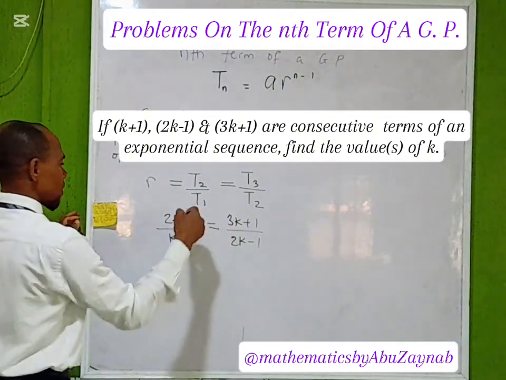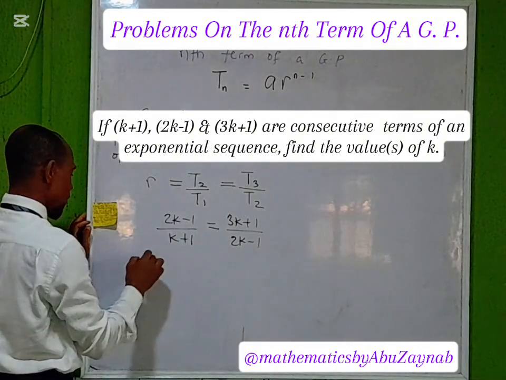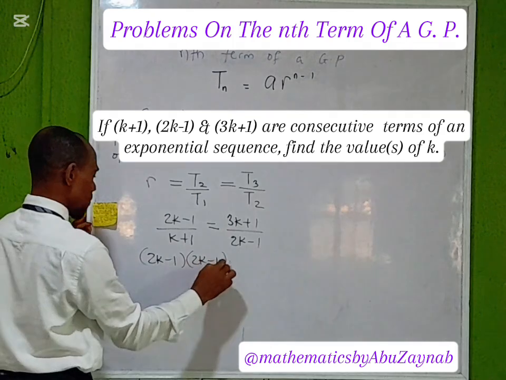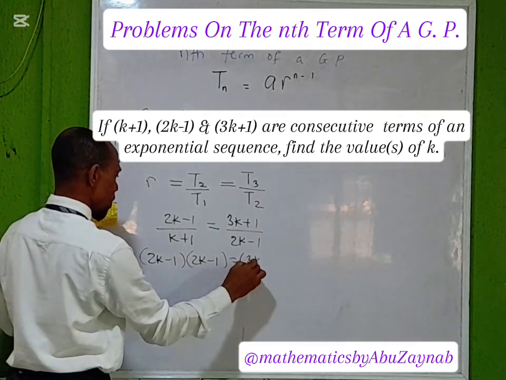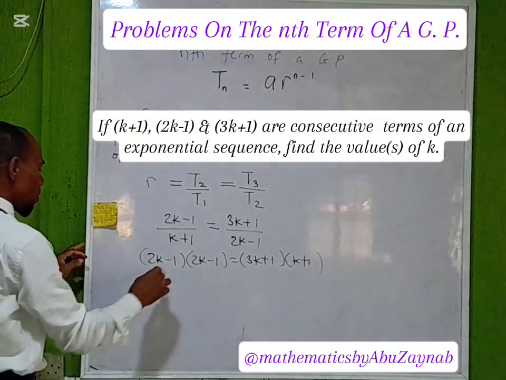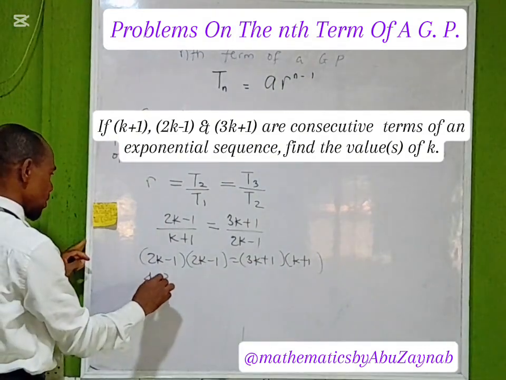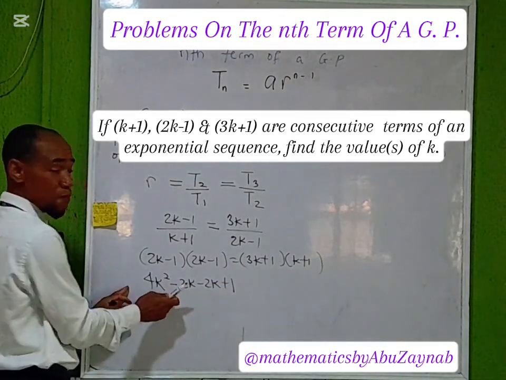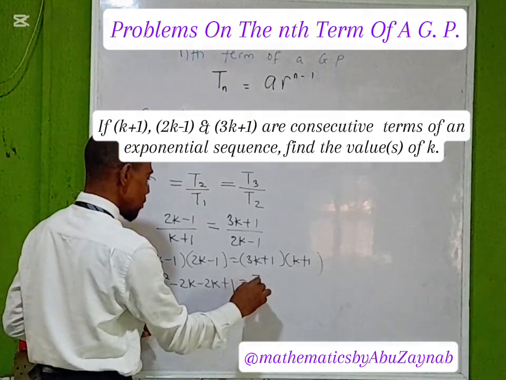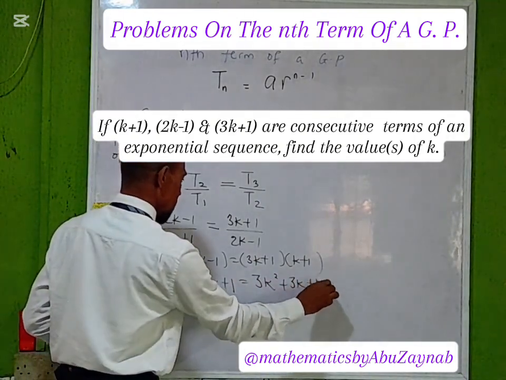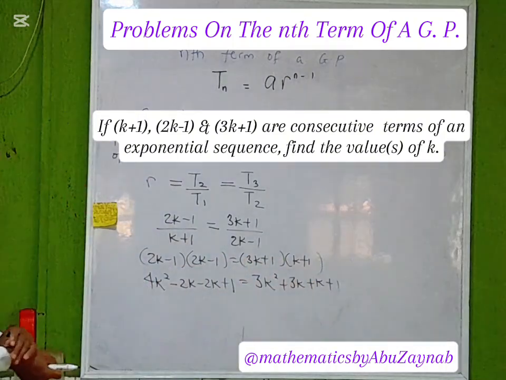From there, you can just take it by cross multiplying. We're going to have (2k minus 1)(2k minus 1) equals (3k plus 1)(k plus 1). Open the brackets, I'm going to have 4k squared minus 2k minus 2k plus 1. That's the full expansion here. And then I'm going to have 3k squared plus 3k plus k plus 1. That's the full expansion there as well.